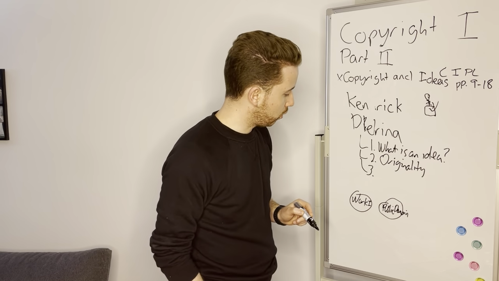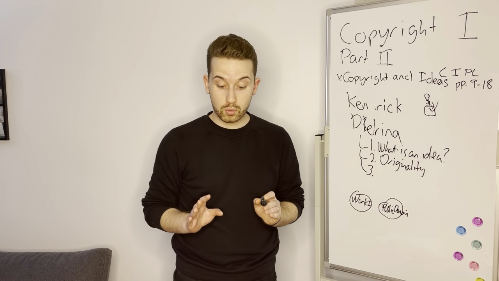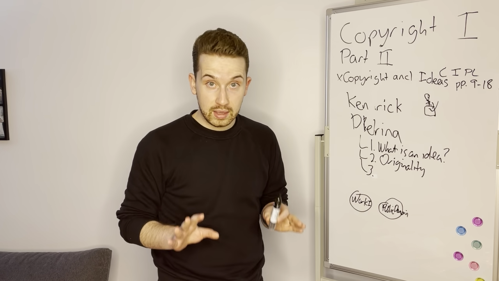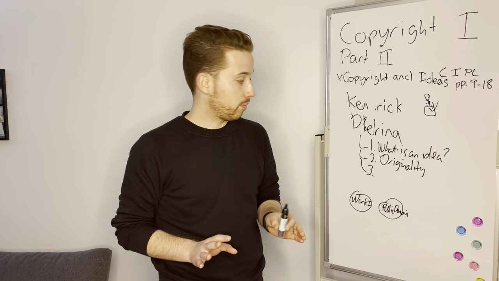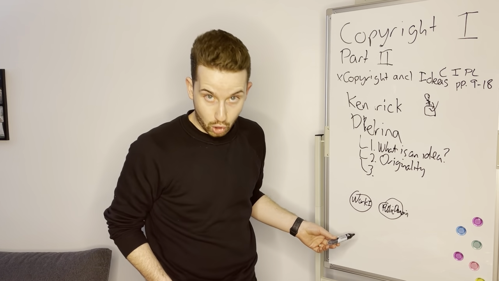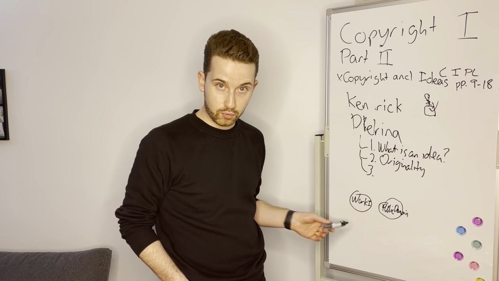And so what the court says is that for a work to be original, which is a requirement under copyright law, it has to neither be made up of stuff that is someone else's, because that is copying, and that's not allowed under the copyright of the person who did the first thing.